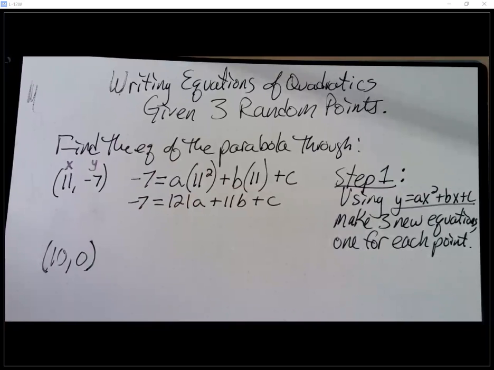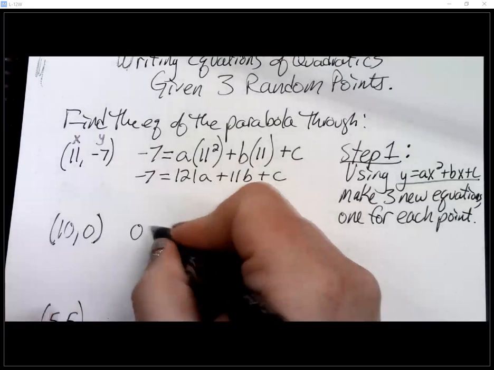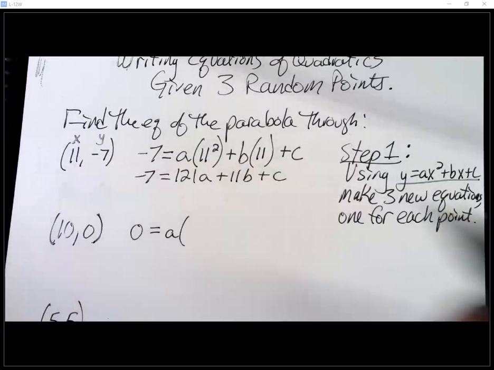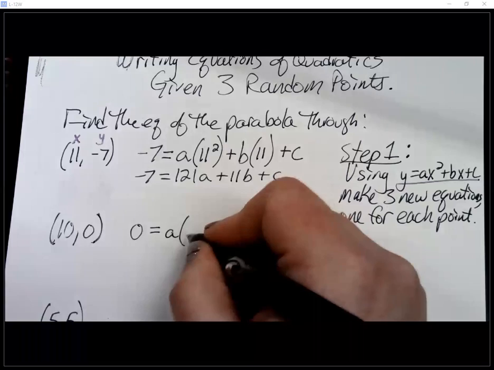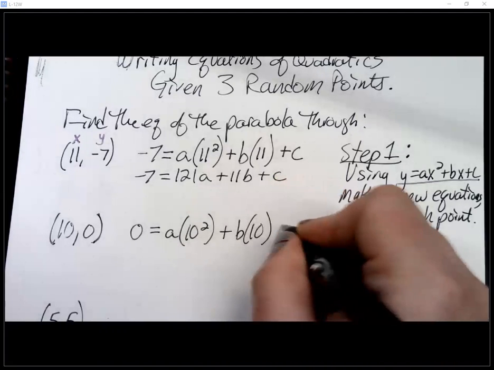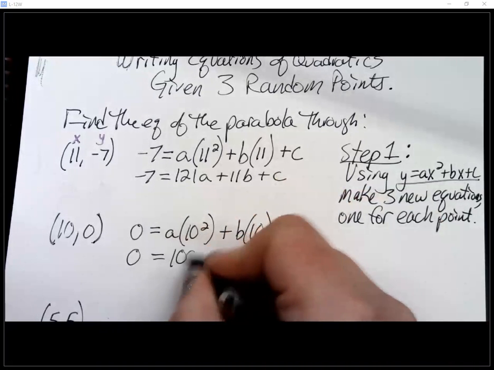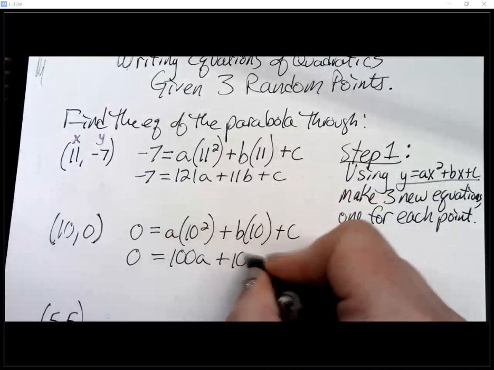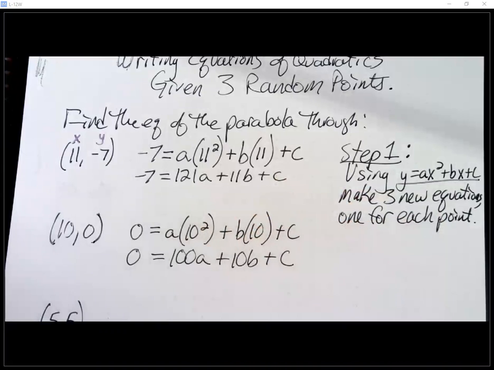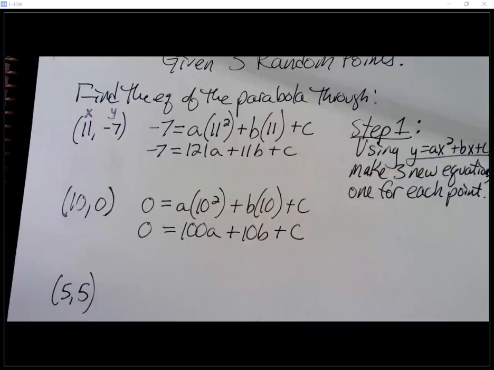So this one would be 0 equals a times x, which is now 10, and then just clean it up. And then repeat the process for your third.